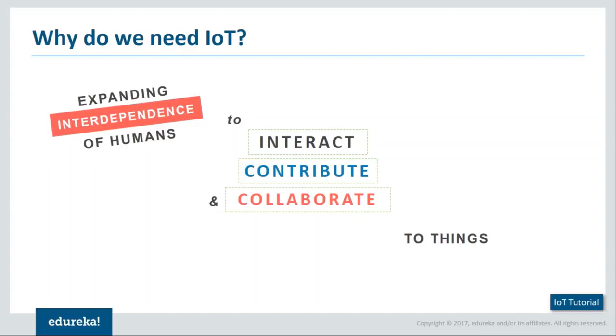Similarly, tomorrow, if there's something you can do for me, I would reach out to you. So we are all interdependent on each other for something or the other. If we can expand this interdependence to interact, collaborate, and contribute with the different things around us, then we would be building a proper Internet of Things environment. This would be a much safer, more secure, effortless, and time-saving environment.